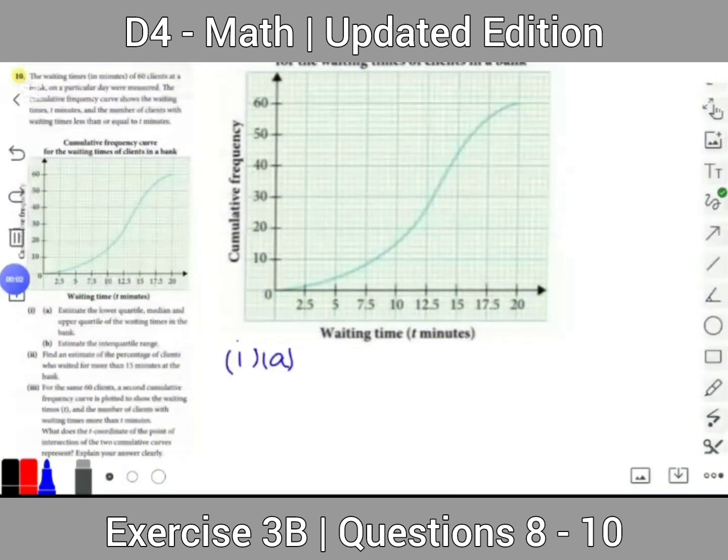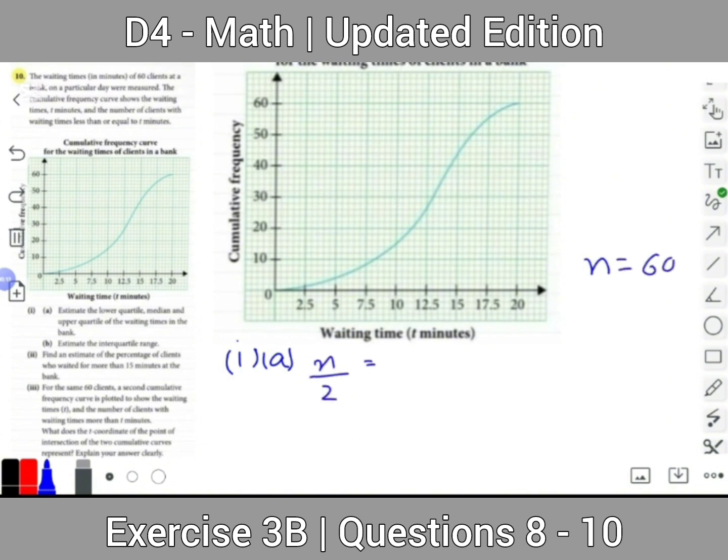To estimate the median from a cumulative frequency curve, we find the position of the median using n over 2. Since n is 60, we have 60 over 2, which is equal to 30.